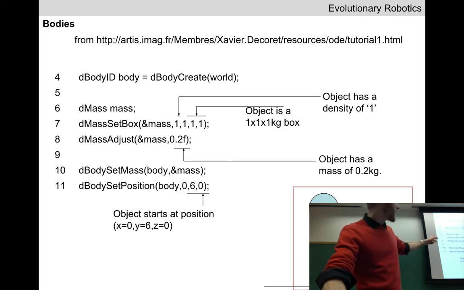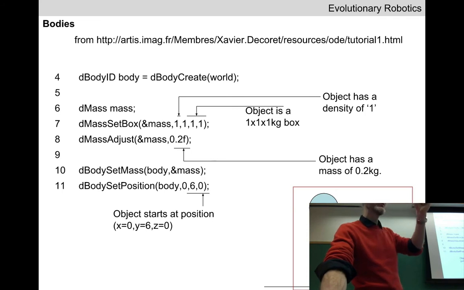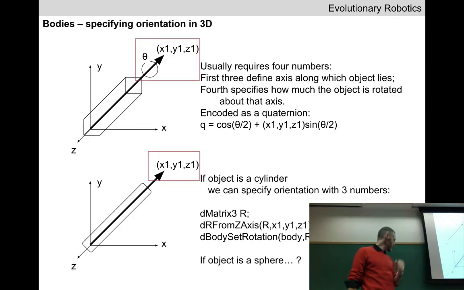Okay, so we've set the position, which is the position of the center of the object, and we can also set the orientation of the object, and there are different ways to do this in three-dimensional space. Some are easier and some are much more difficult. The normal way this is done in the physics engine is using a quaternion, which requires 4 numbers.